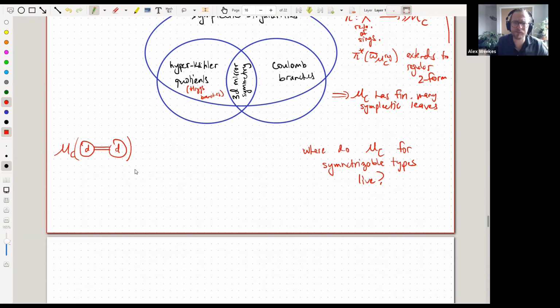I'm not sure if perhaps Professor Nakajima will be talking about this in his lectures, but here this contains pieces which look like, hopefully I can get this right, smaller Coulomb branches where I take K, where K is less than D, and I take the smooth part.